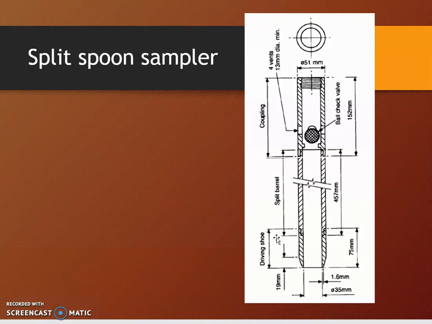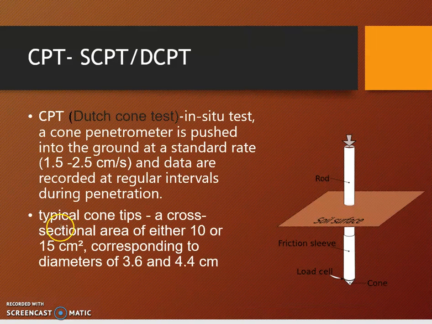So SPT values or N values representing this sampler are actually affected by two parameters. One is the skin friction acting around the surface, and second is the point resistance at the base of the sampler. Both these factors together are reflected in this value N. Whereas if you conduct this CPT test, you will note down the skin friction separately and the cone penetration, that is the tip resistance, the resistance offered to the tip of this cone.